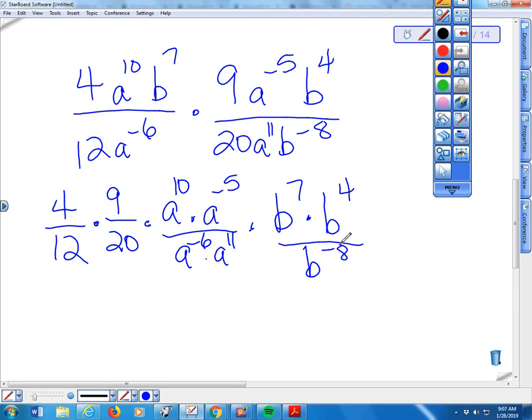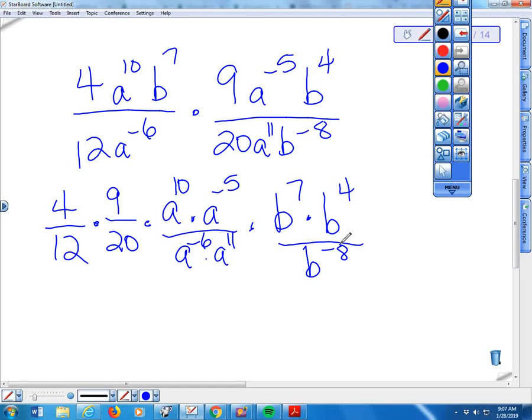It's all multiplication, so I just regrouped it. So all of my coefficients are together, 4/12 and 9/20. All my A bases are together, and all my B bases are together. I'm just going to do it in chunks now.